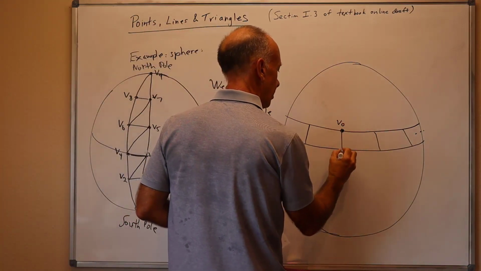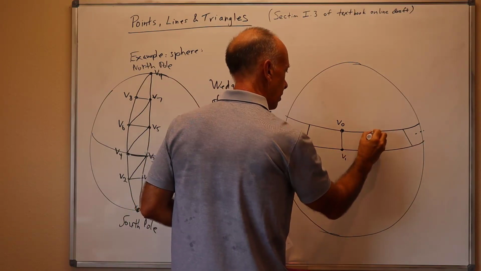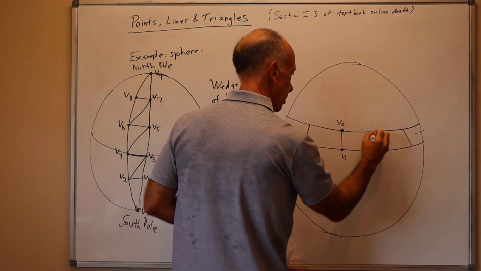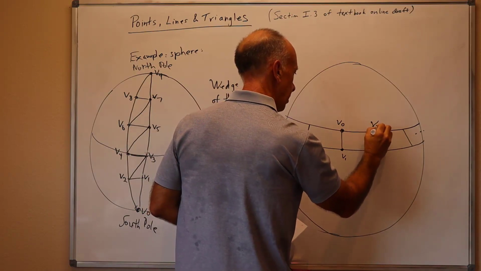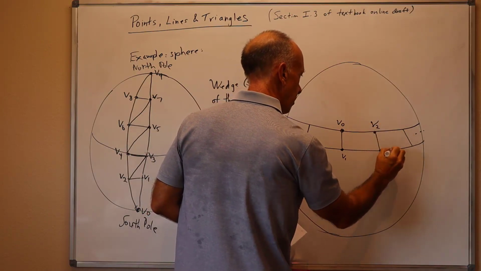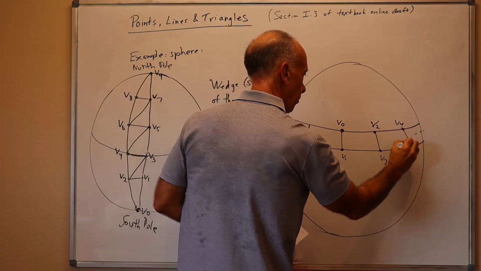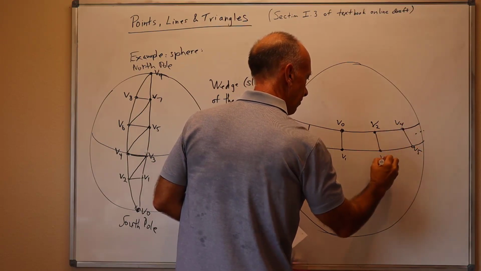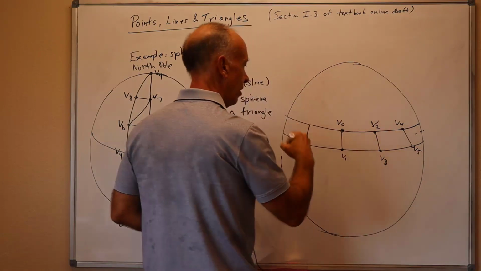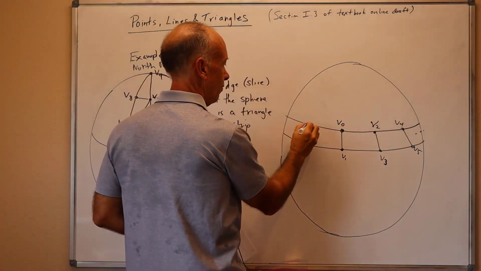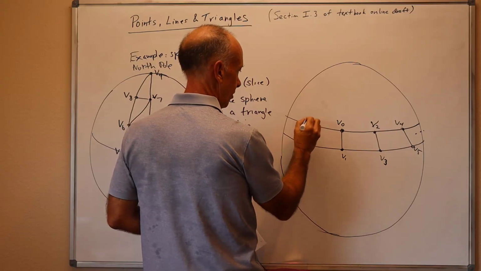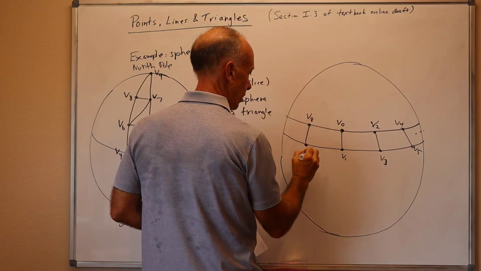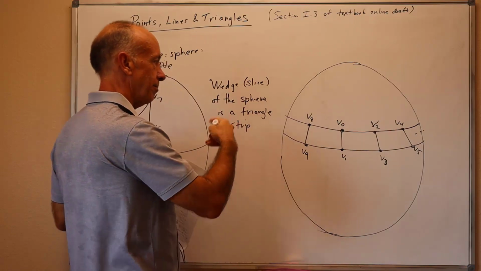We're going to start with V0, V1, V2, V3, V4, V5, and so on. Eventually we come around, let me suppose we've already made it back around by the time we come to V8, V9.